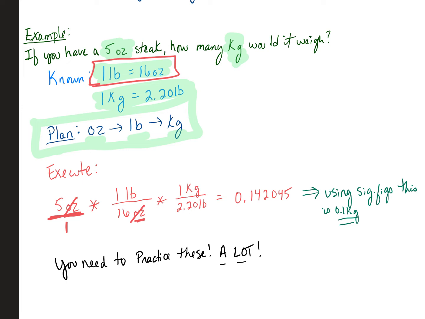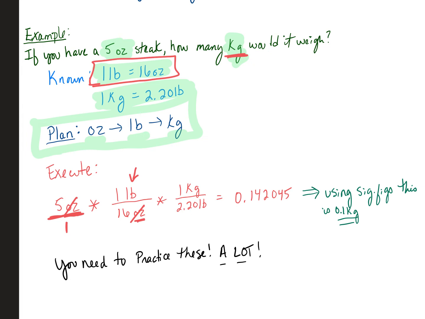So now I'm in the unit of pounds. So I look at the next piece of information that I have. I need to cancel out pounds, and keep in mind we're trying to get to kilograms. So this works because I can take pounds and put them on bottom. So this entire section goes down here, and then kilograms would go up top.